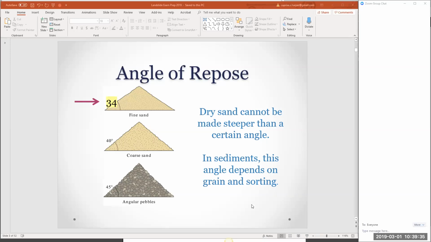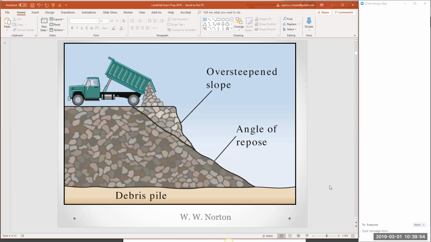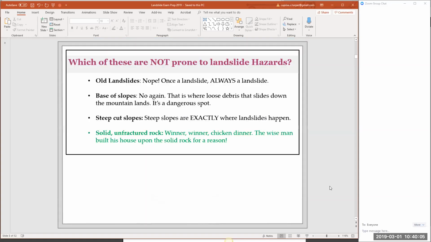Angular pebbles have more strength of cohesion than fine sand, but we would say shoot for the lowest slope that you can get away with. So that would be 34 degrees. There are lots of ways we can get something steeper than that. One thing is sometimes slopes are over-steepened this way.